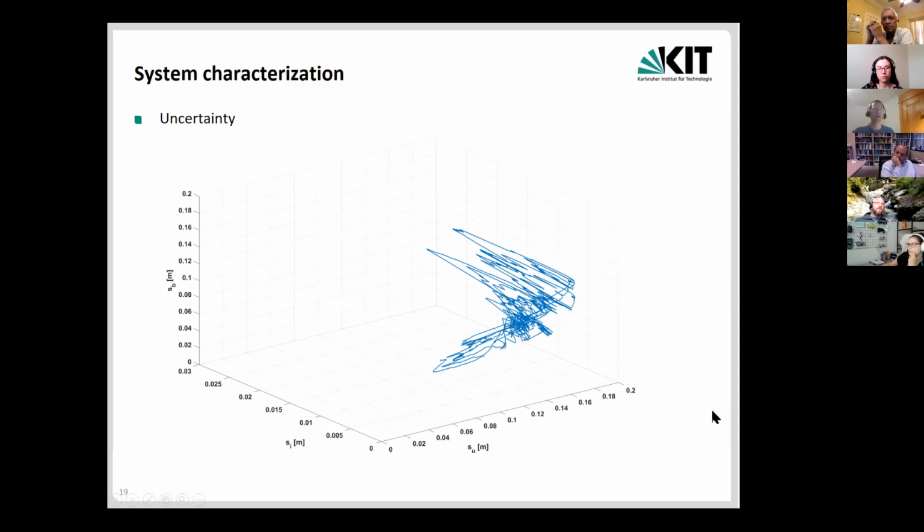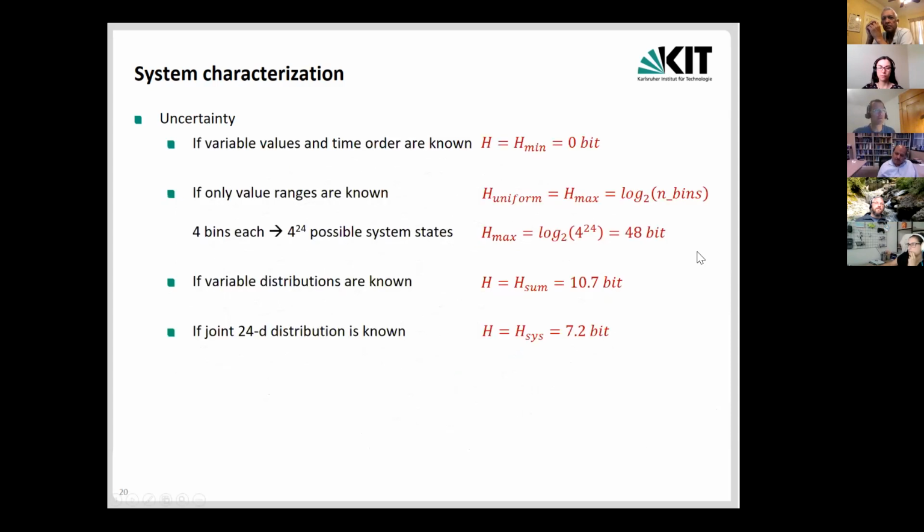And the value you saw is not for the 3-dimensional, but for the 24-dimensional distribution. That's this here. So that's the best you can possibly do if all you have to do is predict in which box the system output is. Exactly. So I threw away from the data points their position in time. I made a distribution out of them, but the joint distribution of all the variables.